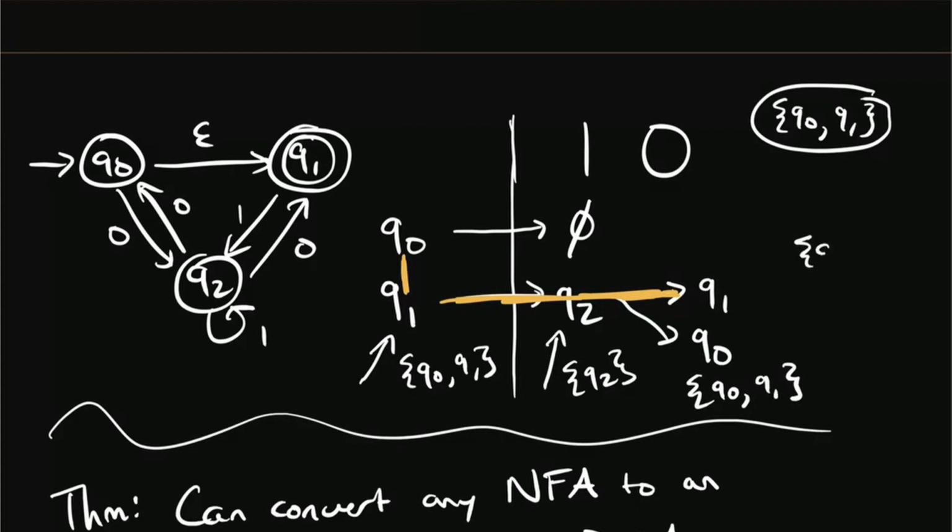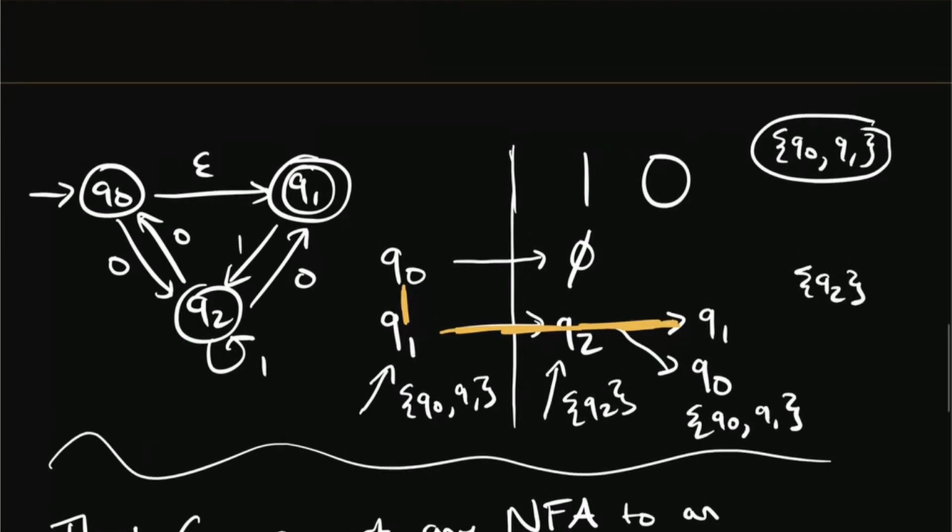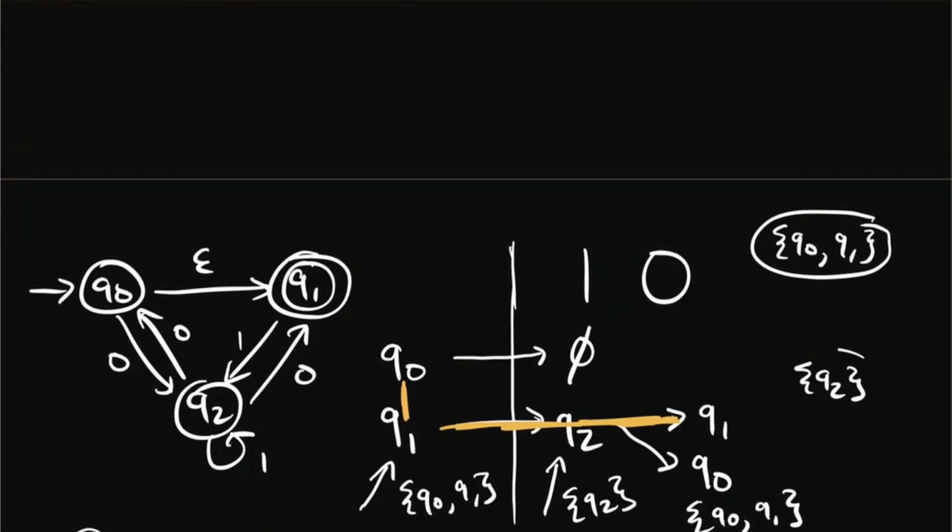And we made Q2 a state itself. Well, how would I relate these two states together based on our computation that we did? Yeah, so reading a 1 from the top one would come down here. And reading a 0 from the Q2 state will go back up here.